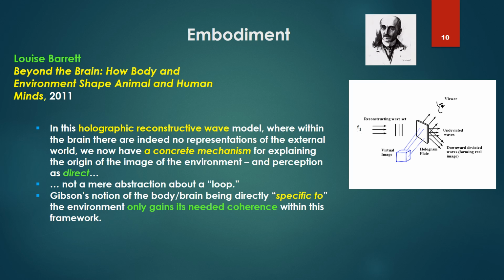So in this holographic reconstructive wave model, where within the brain there are indeed no representations of the external world, we now have a concrete mechanism for explaining the origin of the image of the environment and perception as direct, not a mere abstraction about a loop of simply putting the body in action relationship. You need more than that. Gibson's notion of the body being directly specific to the environment only gains its needed coherence within this framework.